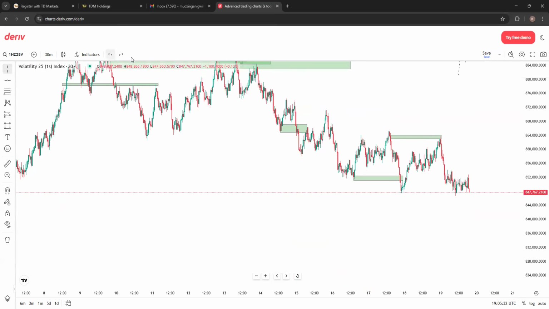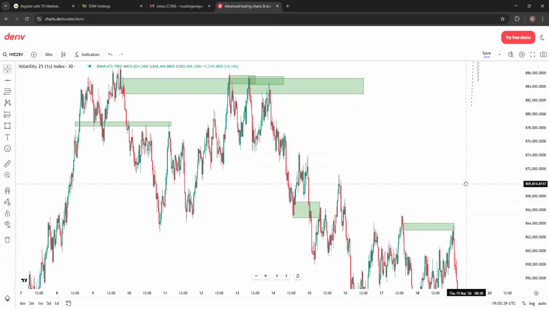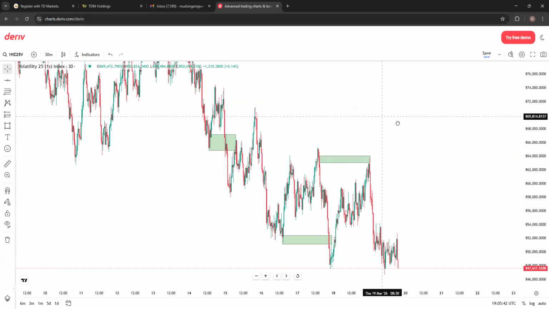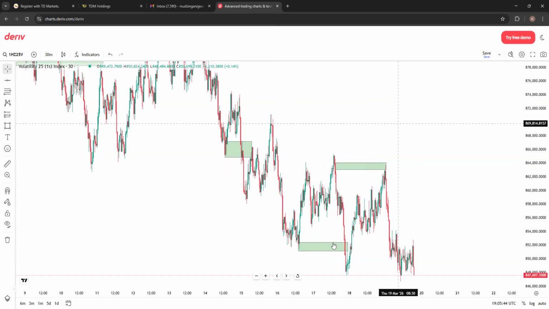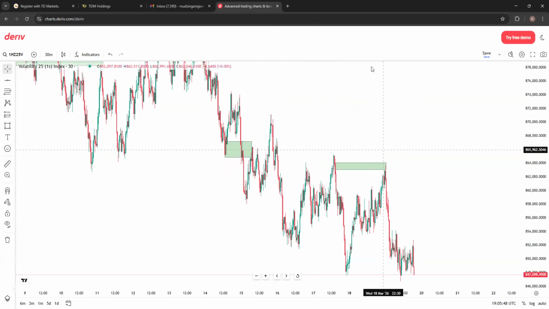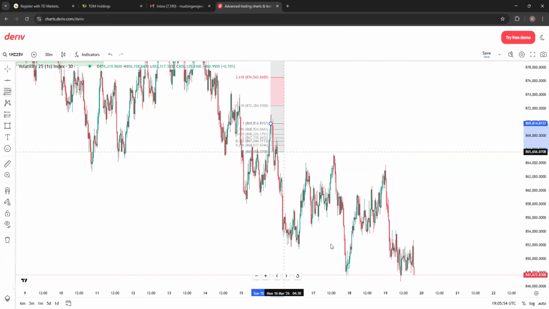Where is it? I actually wanted to make a very good example out of it. But anyways, I think it's here. Let me remove this. Yeah, it's here. What we can do is we can touch our high and our low, right?